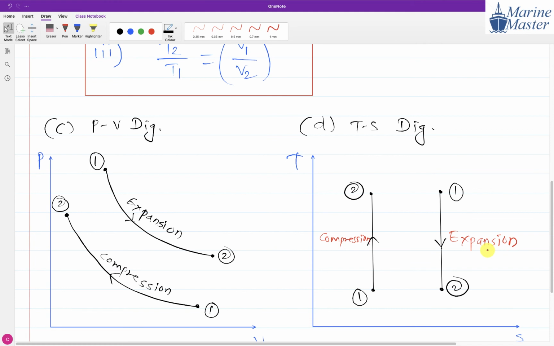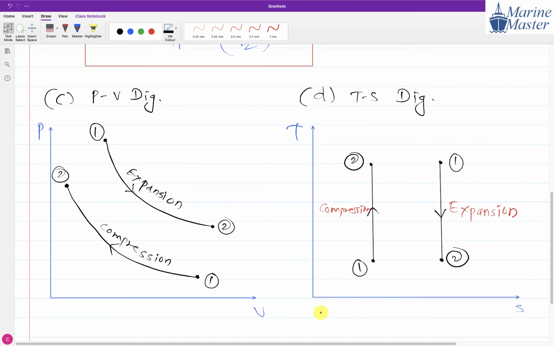Heat transfer is energy transfer. See the difference. Don't get confused here. So please draw the PV and TS diagrams.